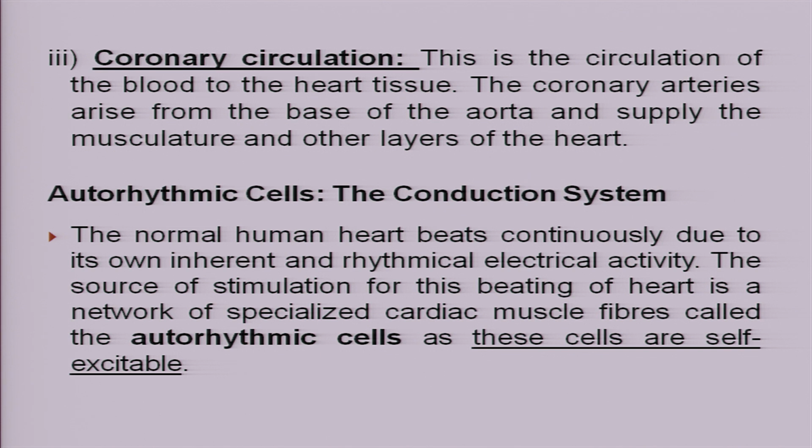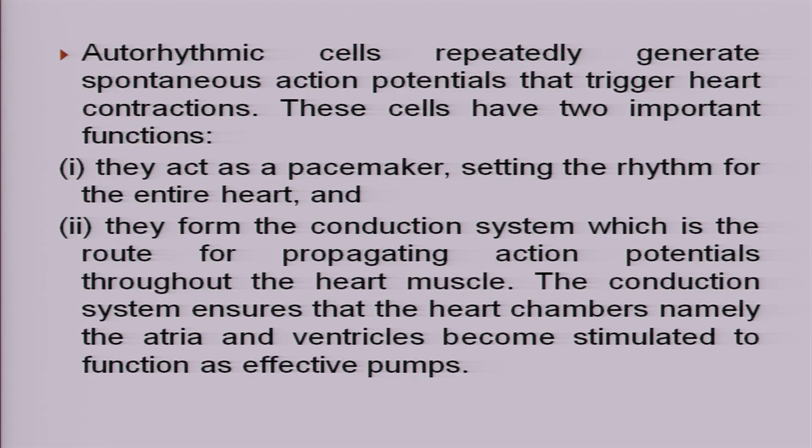That means they can generate the pulses, the rhythm for beating of the heart. That is why they are known as self-excitable. These cells generate action potentials and help in the contraction of the heart, so that the heartbeat is maintained.